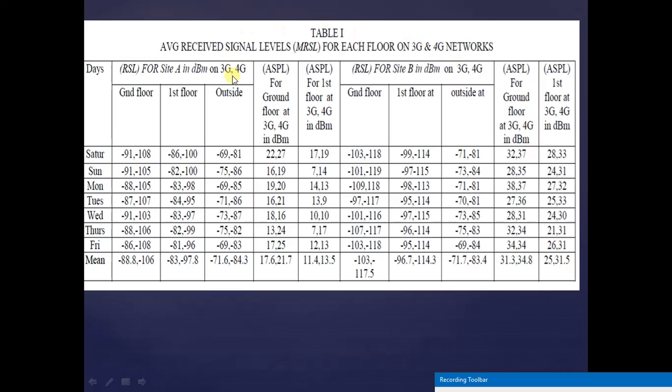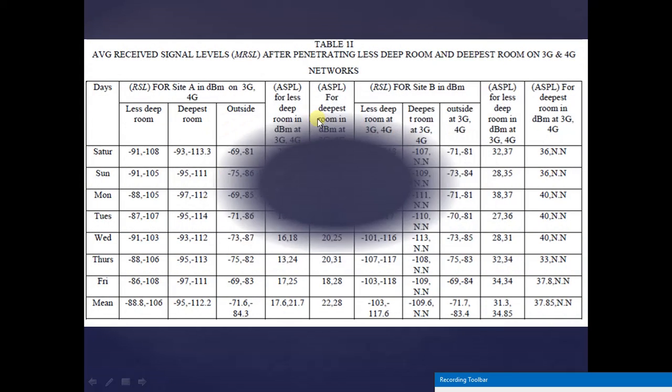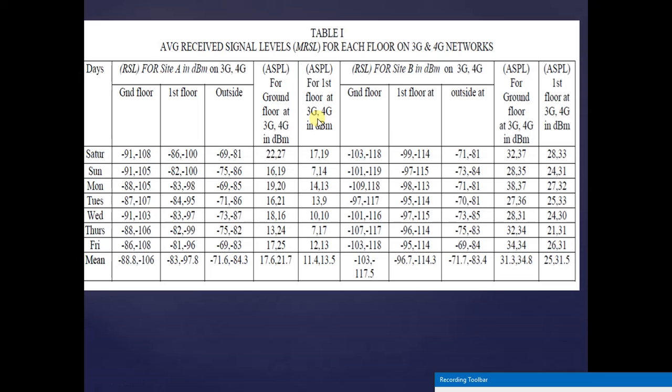So it is clearly seen that for side A and side B, when the receiver goes from the ground floor to the first floor, the signal penetration loss decreases. That means when the receiver height is increased, the signal penetration loss decreases. When the receiver height decreases, the signal penetration loss increases.